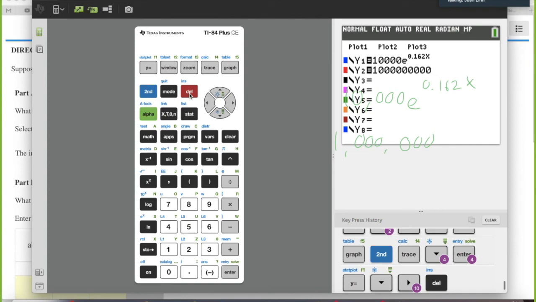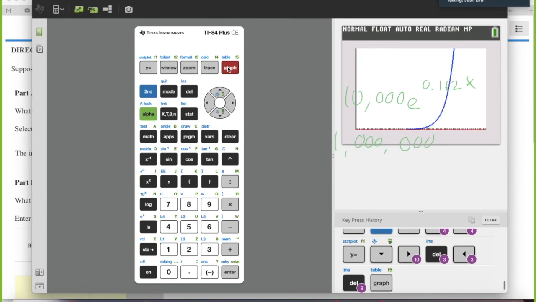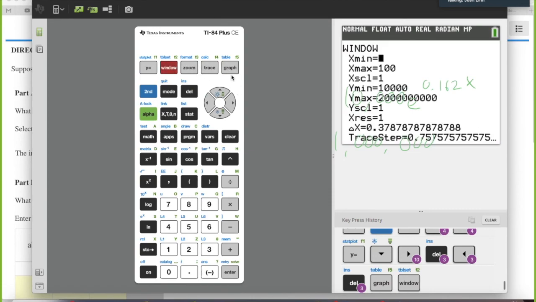So again, we're going to use our delete button. 1, 2, 3, 4, 5, 6. Okay, let's play that game again. So we look at our window. Our y maximum is what we really want to change. So our y minimum can stay the same. Let's make this a little bit smaller.